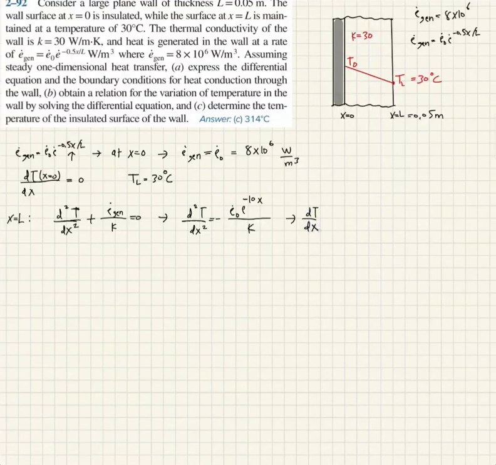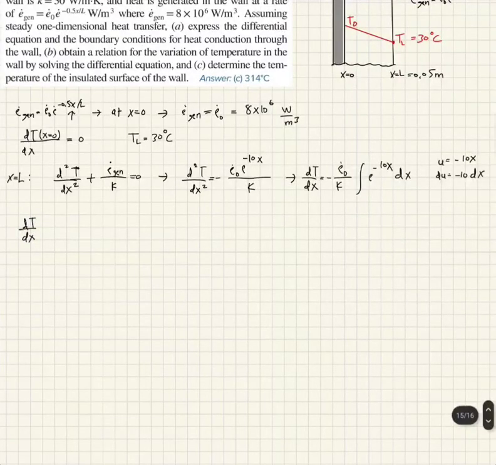Then we're going to integrate this once. So dT/dx equals E dot 0 over k, which are constants, times the integral of e to the negative 10x dx. We can use u substitution: u is negative 10x, du is negative 10 dx, so dx is negative 1 over 10 du.